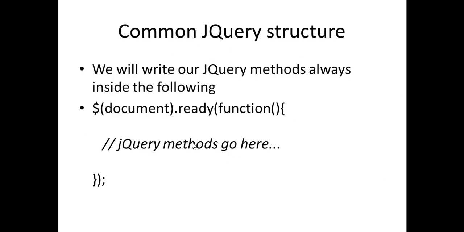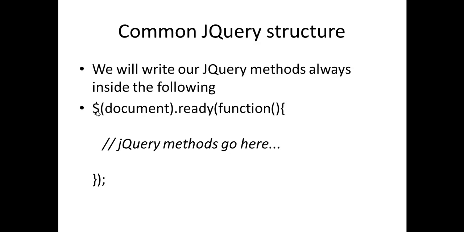Now if you see the common jQuery structure, it's very simple. All our jQuery scripts will begin with a function like this. Let us just assume it is like the main method of a C++ program or a Java program. Something similar to that, you have a function, a method head like this, and the dollar nothing but refers to jQuery.